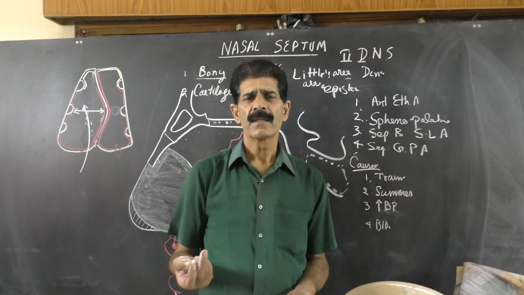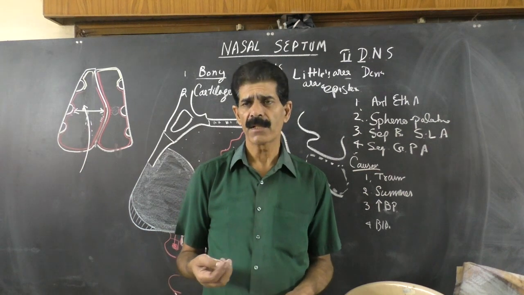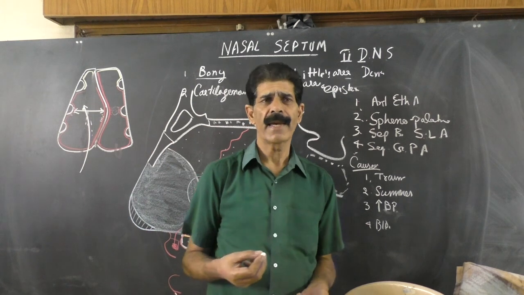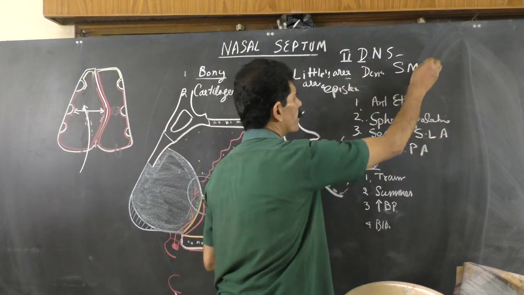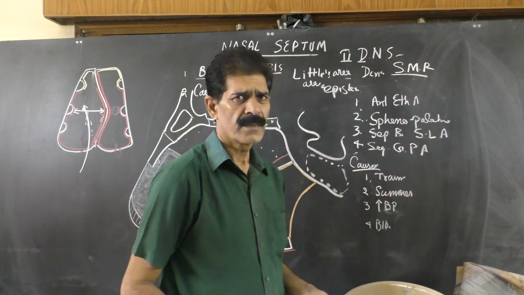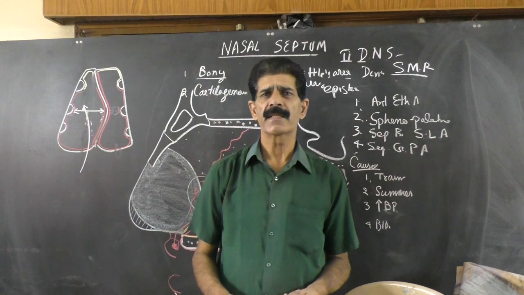For that, we want treatment, and the treatment is surgical. The surgical treatment for the deviated nasal septum is the SMR operation. SMR is the submucosal resection. Here submucosal resection of the deviated septum is done.